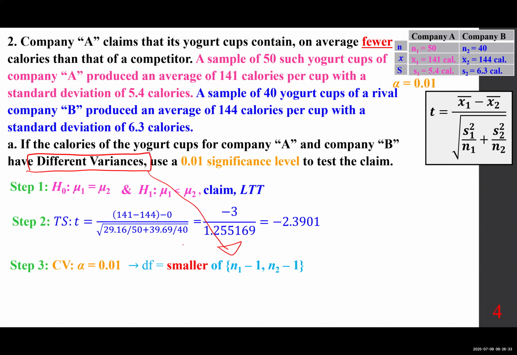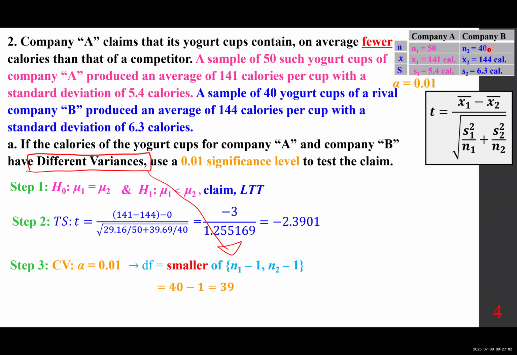Degrees of freedom can be calculated with technology using a pretty complicated formula, which I'll go over in a moment. Here it is 50 minus 1 versus 40 minus 1, and obviously 40 minus 1 is smaller, so we go with 39.